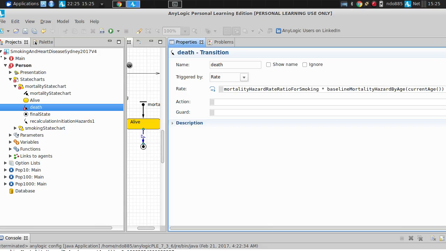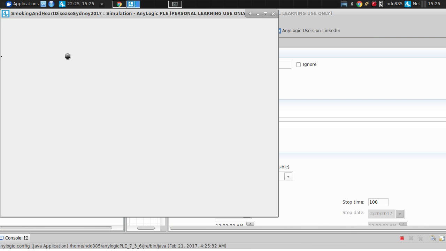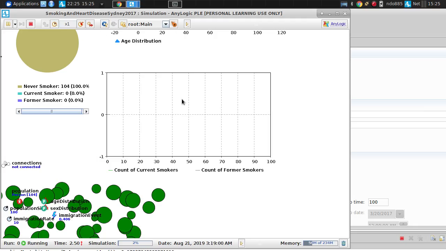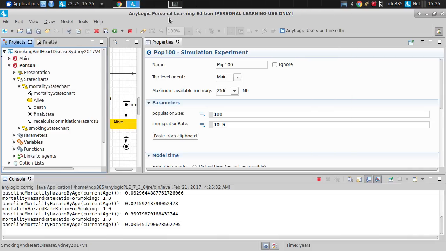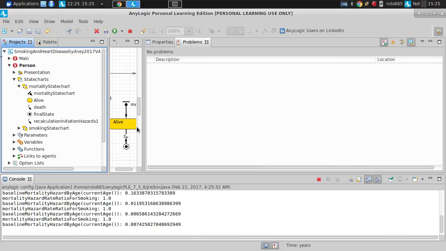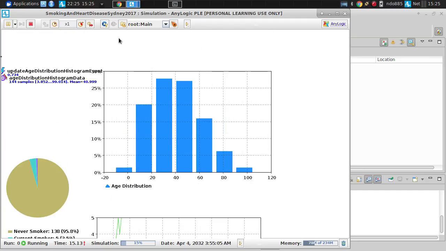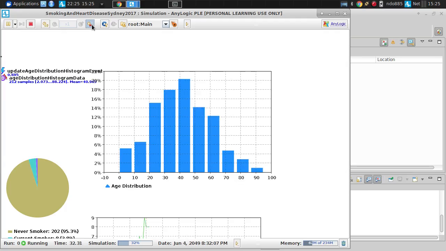There we go. We're running it. We see no indications of problems this time. There were no problems now. And here we go, ladies and gentlemen, a model that works perfectly.